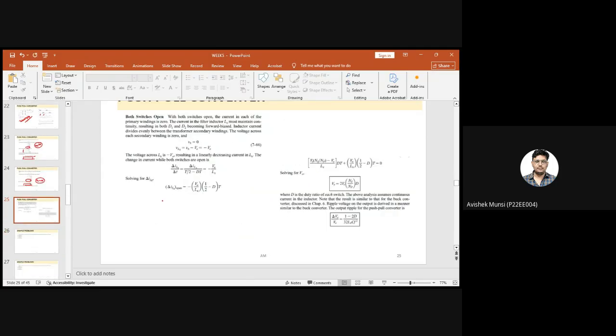Now when both the switches are open, in that case we'll get ultimately the output voltage as twice Vs times the turns ratio Ns by Np, into the duty cycle. Okay, fine. So it is a step-up converter, so it acts as a boost type of converter, but since it depends upon the duty, it can be reduced, so it can be a buck boost. Okay. So that is all about the isolated converters.